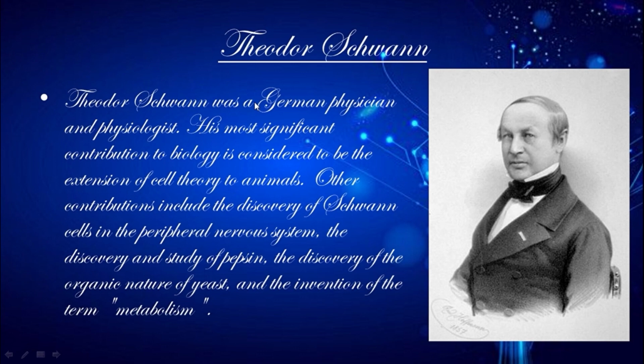Other contributions include the discovery of Schwann cell in the peripheral nervous system, the study of pepsin, the discovery of the organic nature of yeast, and the invention of the term metabolism. The picture on the right is how the great Theodor Schwann looked.